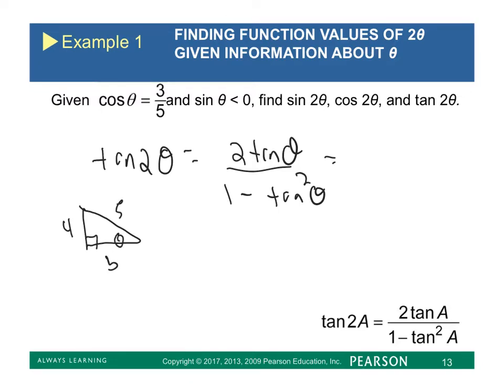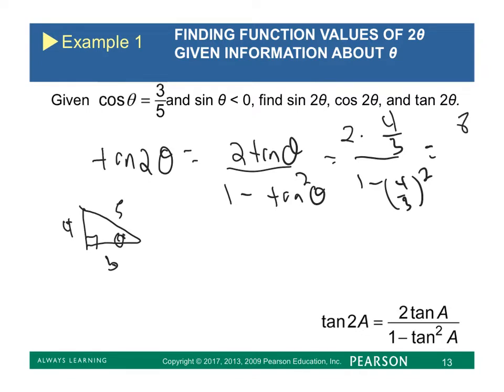This was theta. I believe that was the one I had because we were given cosine was 3/5, yes. So it isn't unusual to write that formula out and say that tangent of theta will always be 4/3. So it's 2 times 4/3 over 1 minus 4/3 squared. And that's fine.